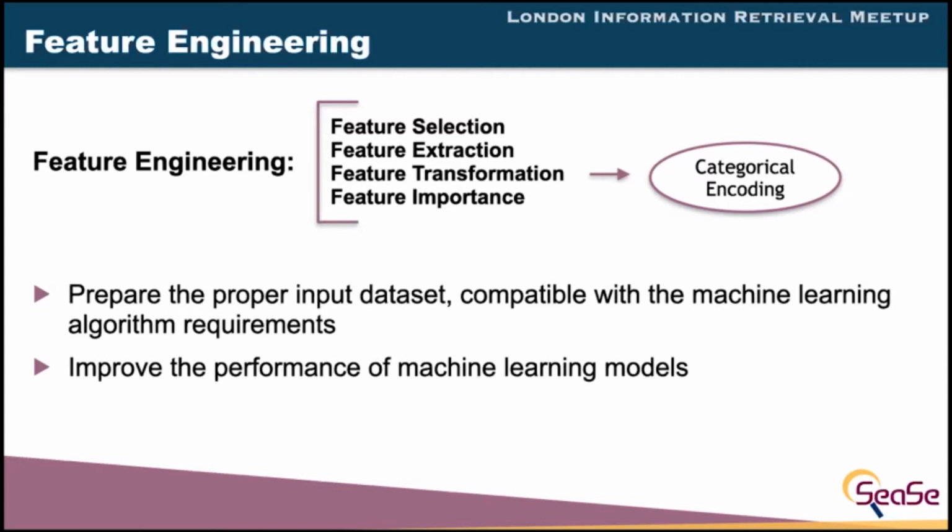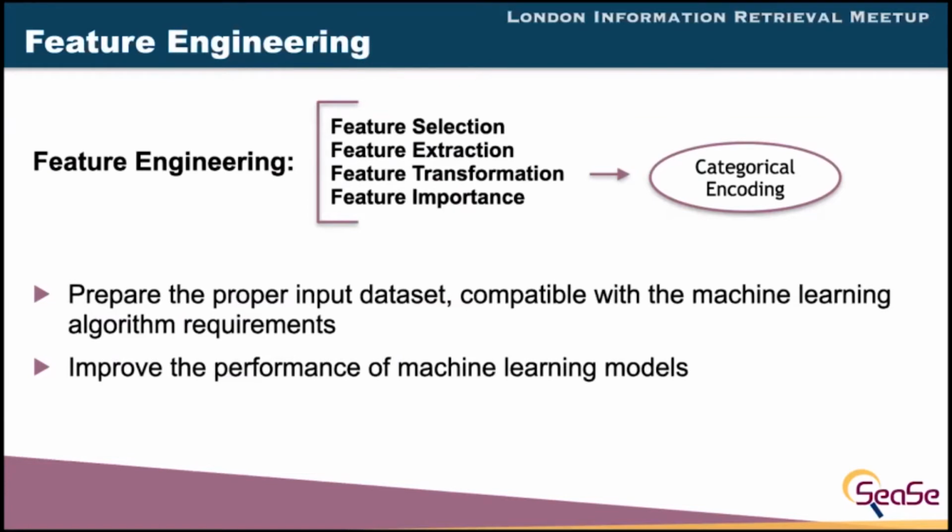Most of the machine learning models, algorithms, are not able to handle non-numeric data. So we have to find a way of transforming them into numbers, applying categorical encoding. Therefore, there is no single answer on how to approach this problem.